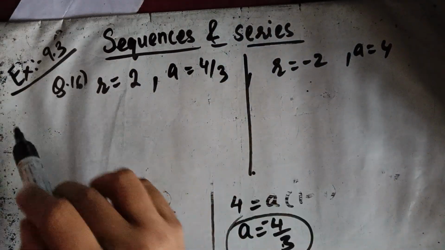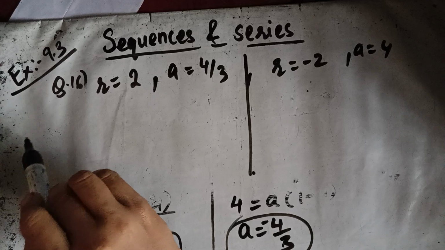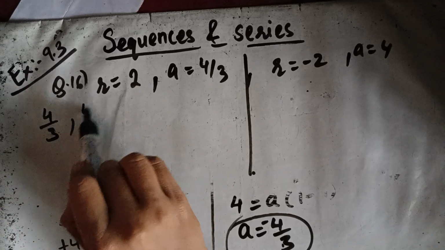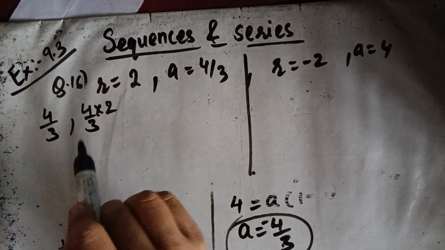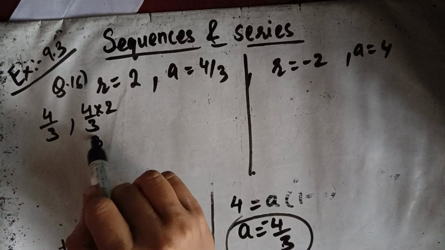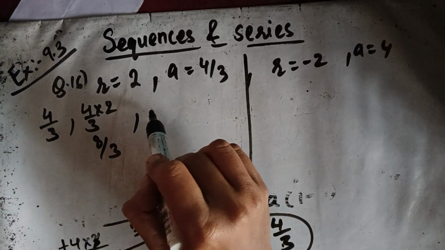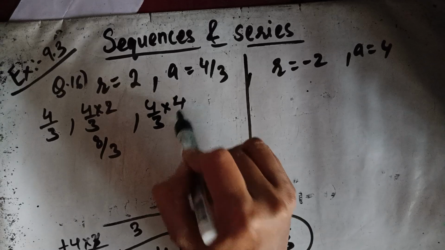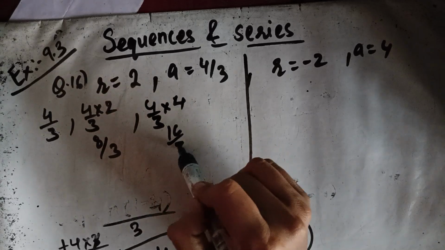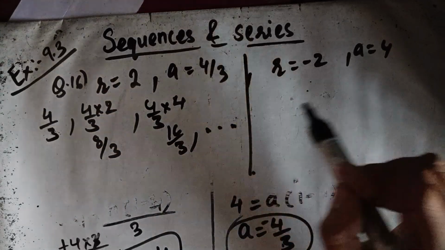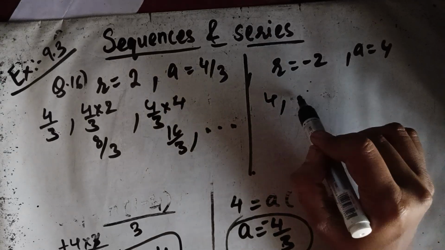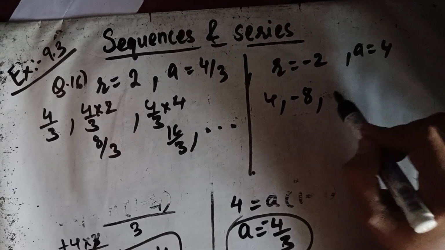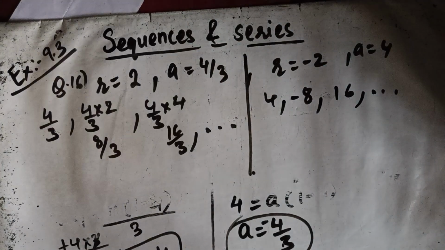So the GP for this is a, a into r, 8 by 3, a into r square, 16 by 3, and so on. For this, a is 4, a into r, a into r square, 16, and so on.